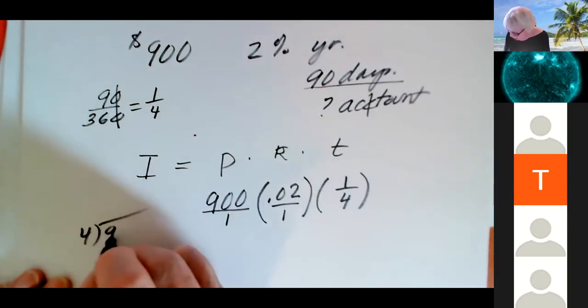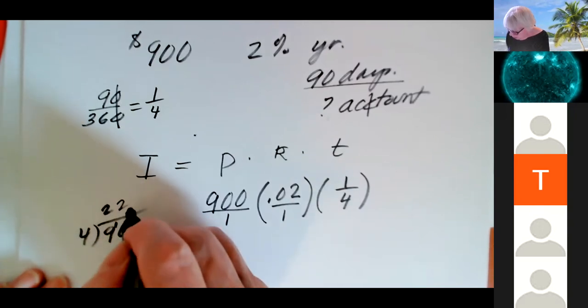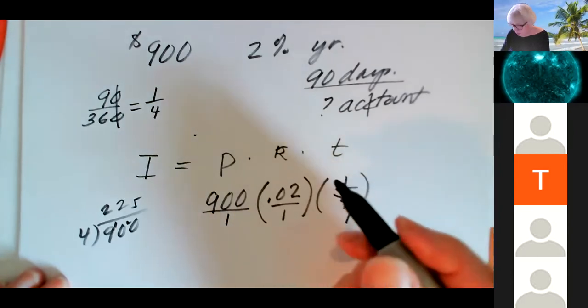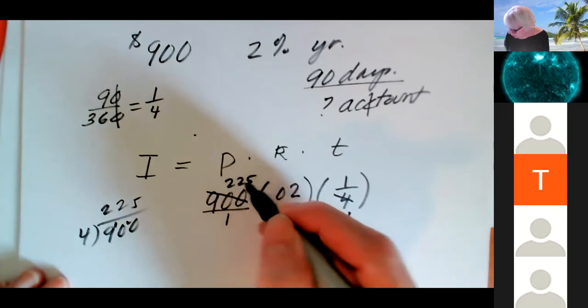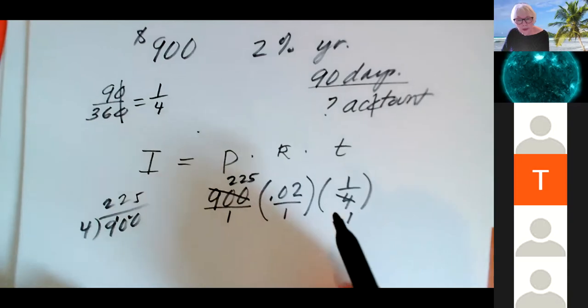I think 4 into 900 goes 225. 4 goes into 4 once. 4 goes into 900, 225. And so it amounts to 225 times 0.02.